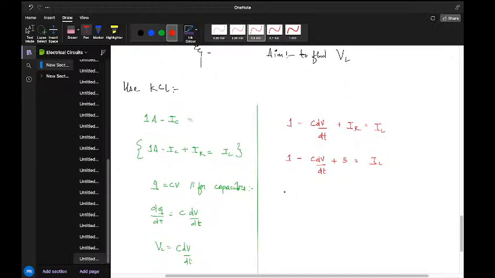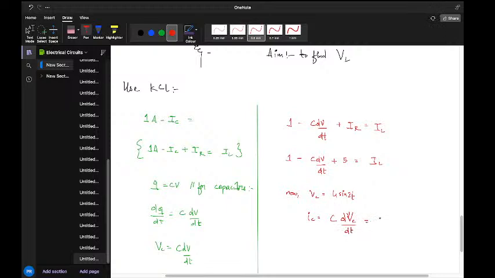Okay, now the voltage across the capacitor is nothing but 4 sine 2t. So the current across the capacitor is going to be equal to C times dV C by dt.